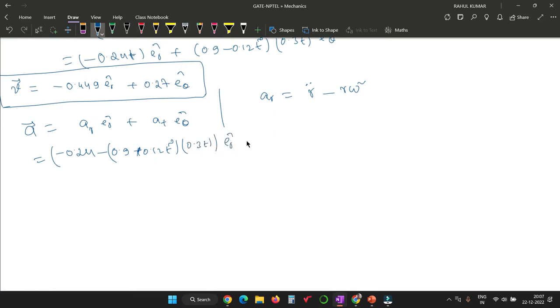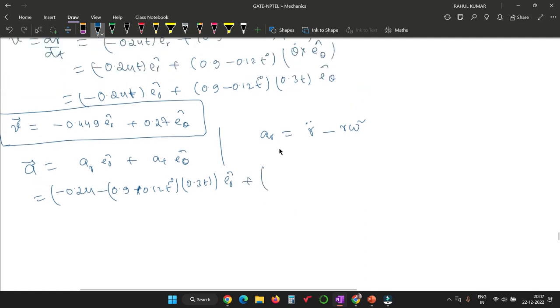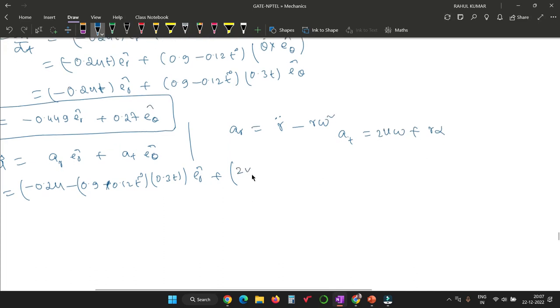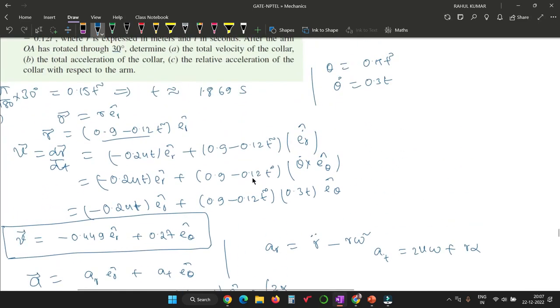And what is the tangential component? 2 v omega plus r alpha. What is v?